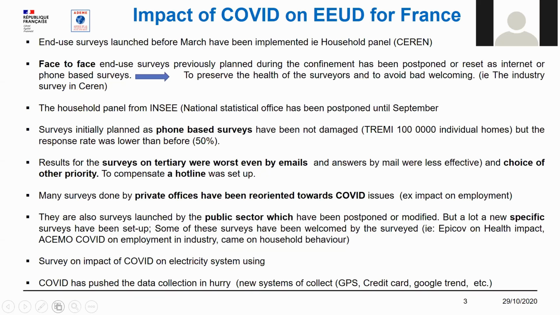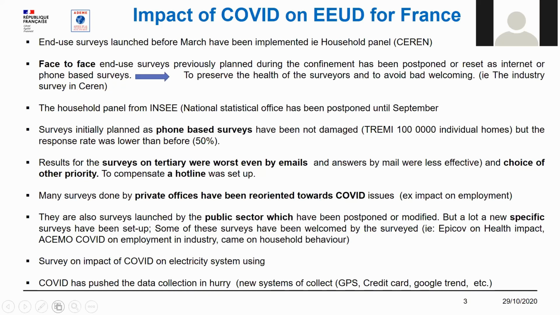For example, for a 100,000 survey on private households, normally the response rate is 80% and we had a 50% response rate. For the service sector, which was mainly by email and mail, the response rate dropped dramatically.